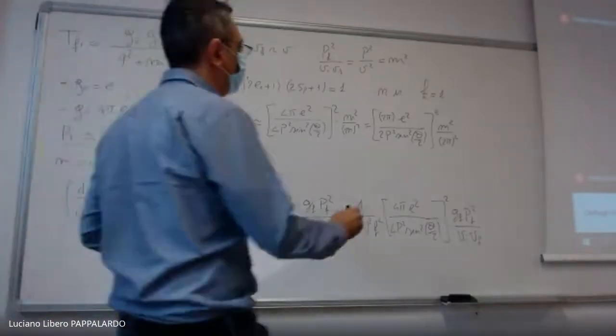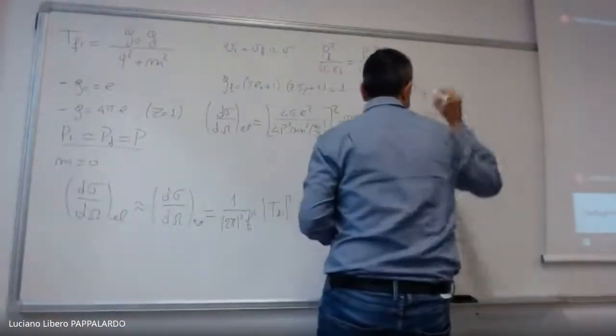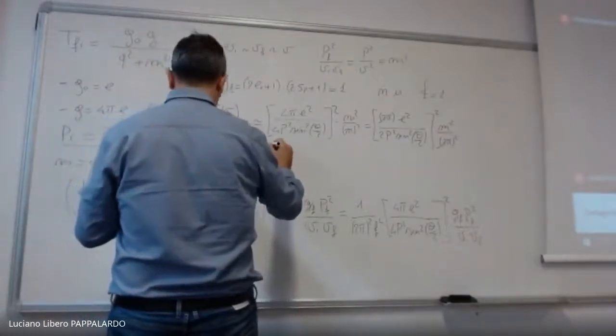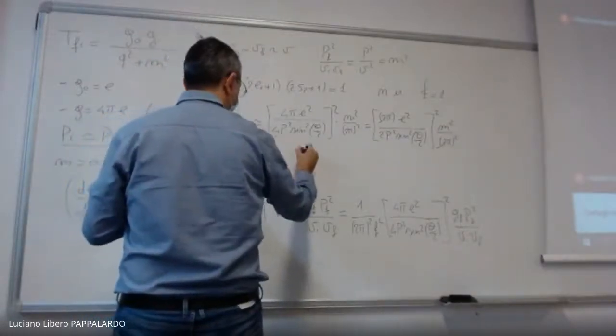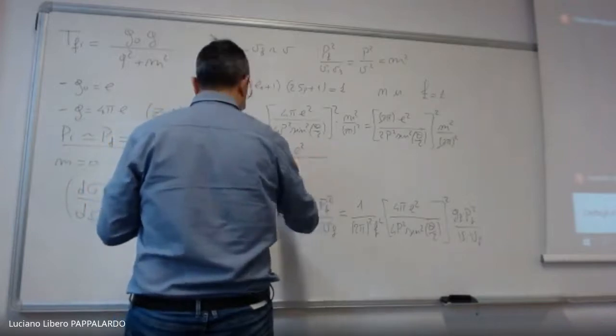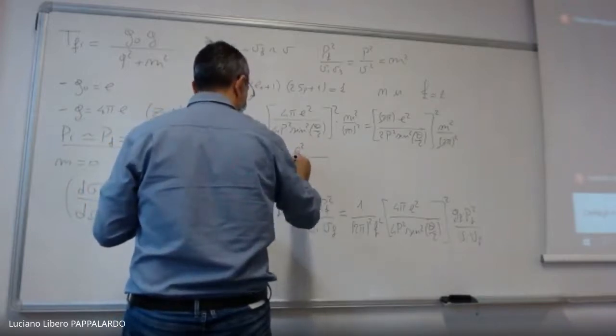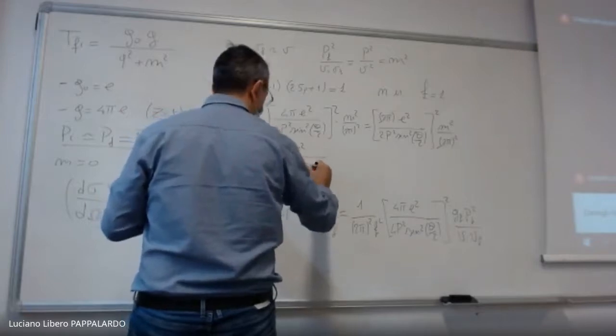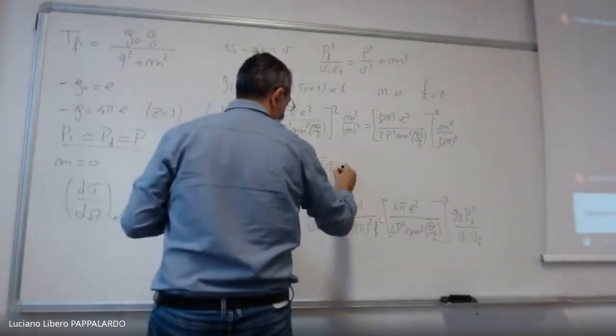Right, so we can now remove this, and we can write this as e to the fourth divided by 2 p squared over m, sine to the fourth of theta half.